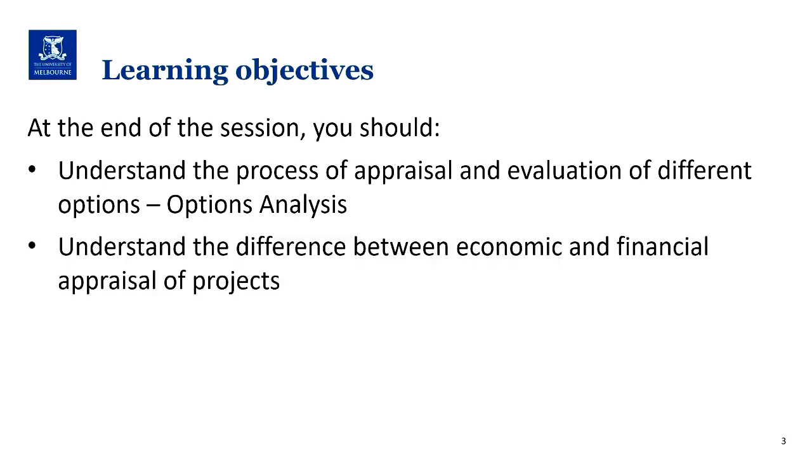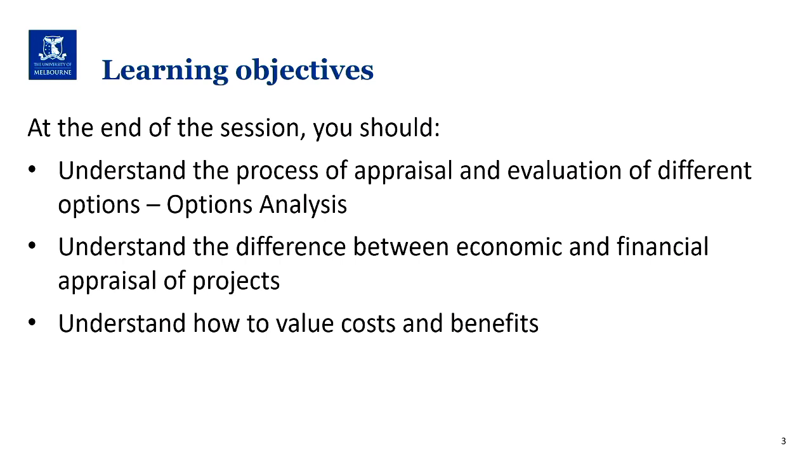Then, to understand the difference between economic and financial appraisal of projects: the main difference is that one considers the whole costs and benefits, sometimes not really in monetary terms, but the financial just focuses on the money, so how you are going to deliver the project. Then we are going to talk about how to value costs and benefits.